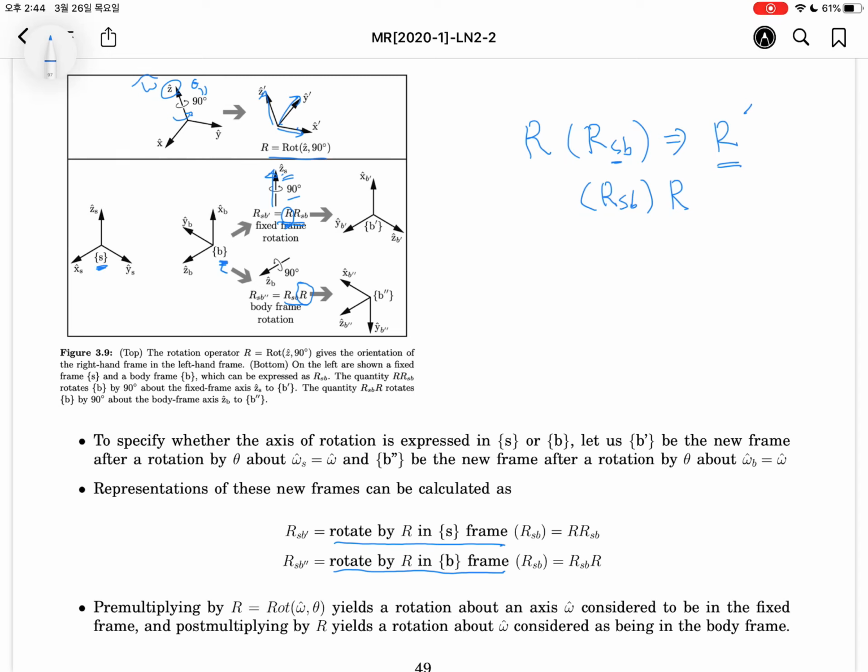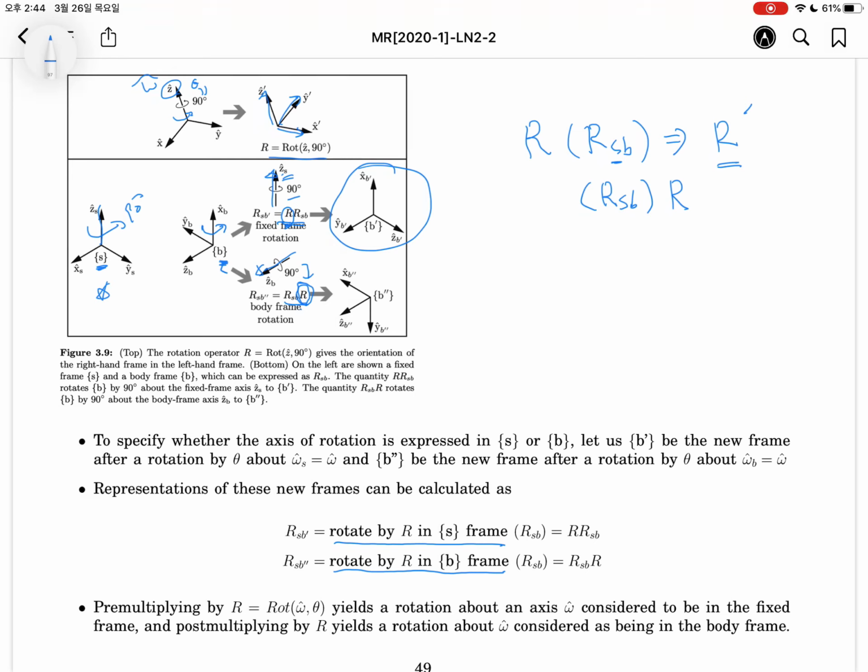Pre-multiplication case: z-axis and the 90-degree rotation is applied. Actually, in the case of the body frame, x_b is the same, so the rotation of the x_b is required. So we have this equation. But the rotation axis is described in terms of the space frame. On the other hand, post-multiplication is described by the z direction by the 90-degree amount.